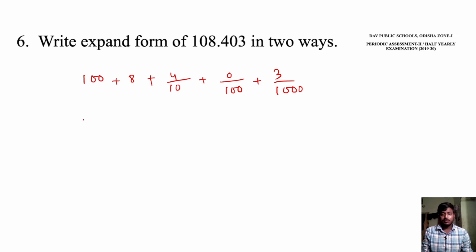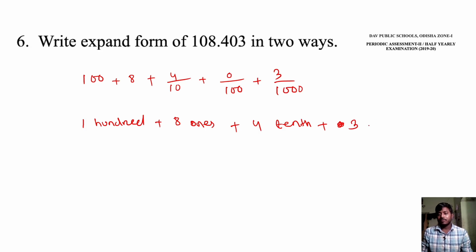Now we can write 1 hundred, 100, plus 8 ones plus 4 tenths plus 0 hundredths, or directly write down 3 thousandths.